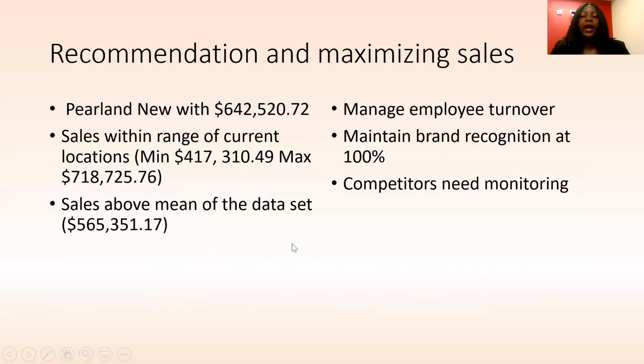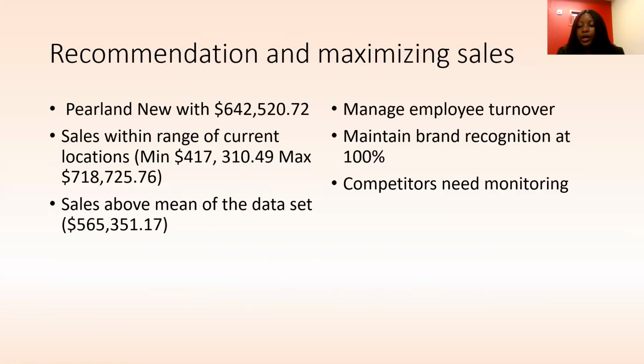In order to have this location thriving, the model we used kept everything else constant. In order to reach the 642 expected sales or exceed it, we need to manage our employee turnover. This has a high negative relationship with sales.